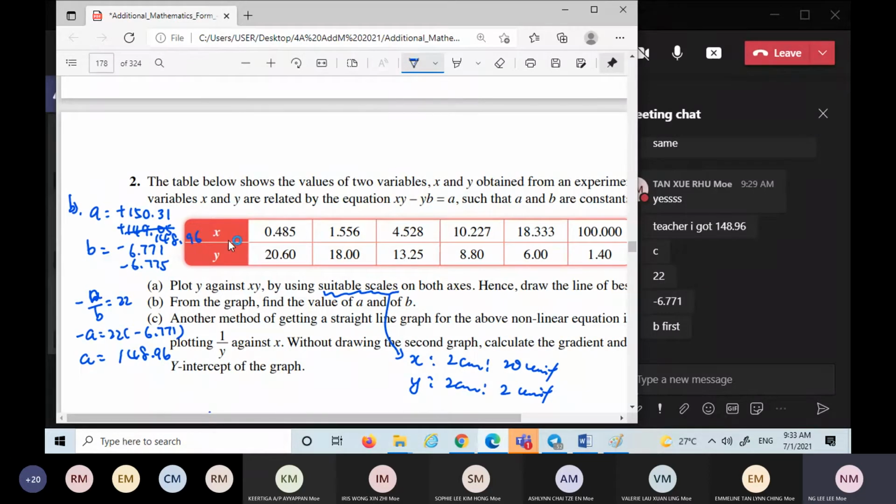Do you have other answers? If all are happy with this answer, I mean your answer falls in this range, then okay. And then the part C also.